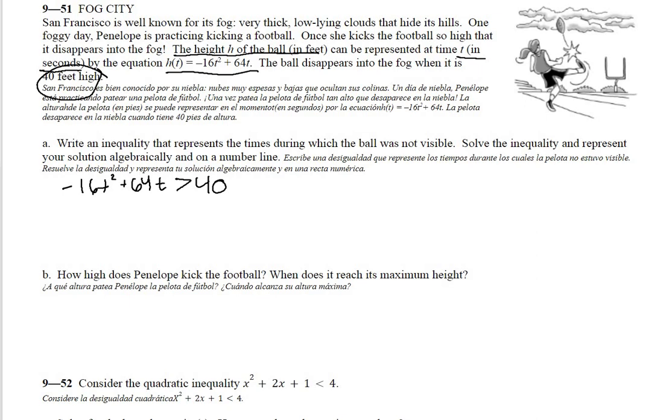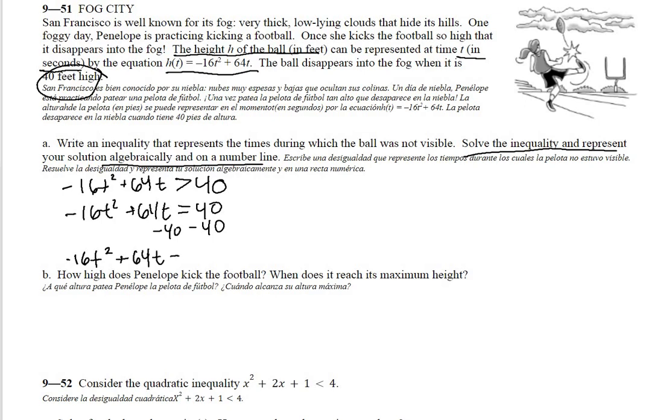So to do this, solve the inequality, represent our solutions algebraically in a number line, I need to find my boundary points. So it's negative 16t squared plus 64t, set it equal to 40, and I solve this equation, which is negative 16t squared plus 64t minus 40 equals 0.